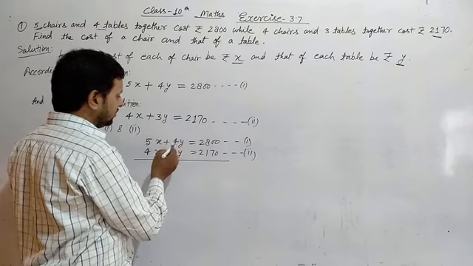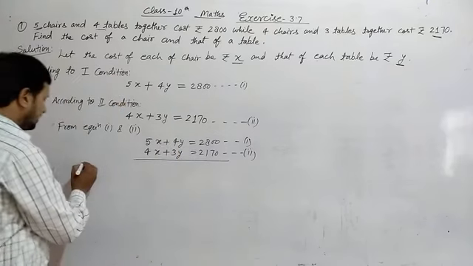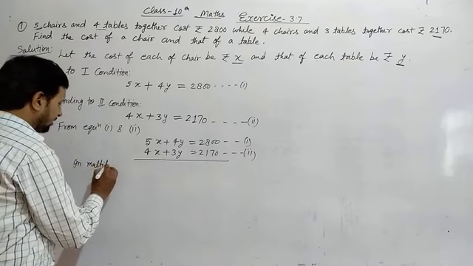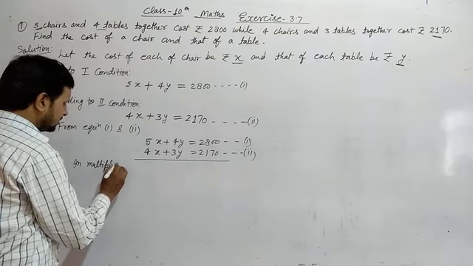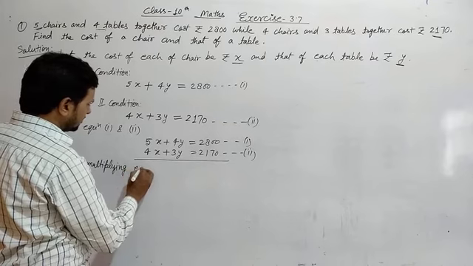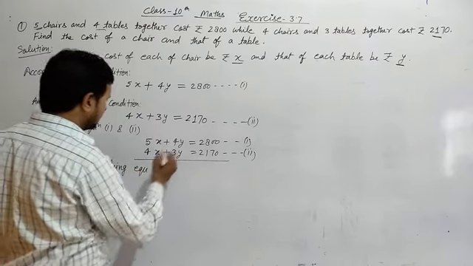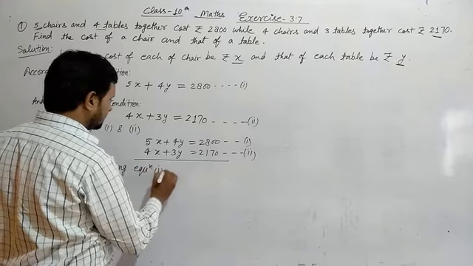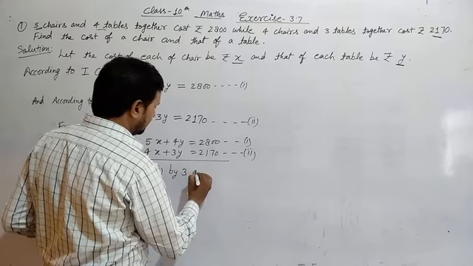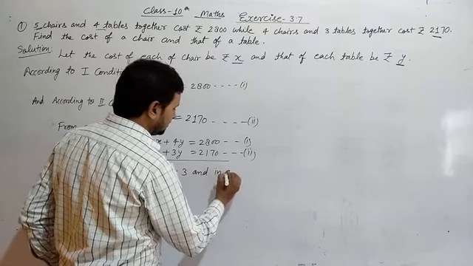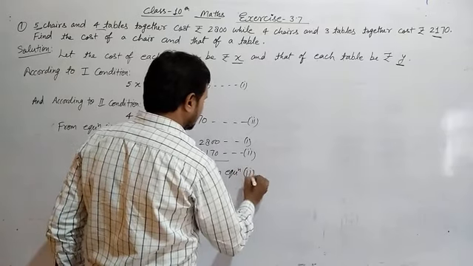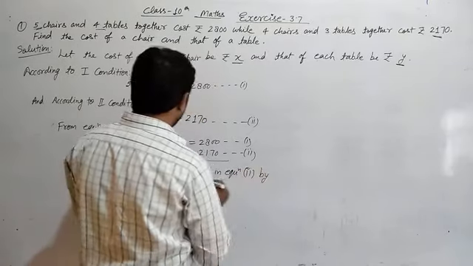Here is 4, here is 3, means we write here on multiplying equation 1 by 3, and equation 2 by 4.